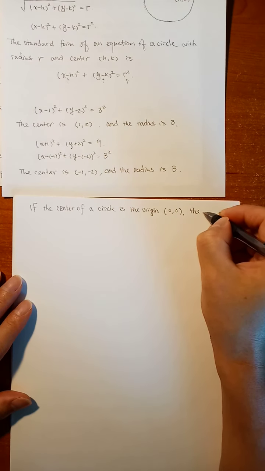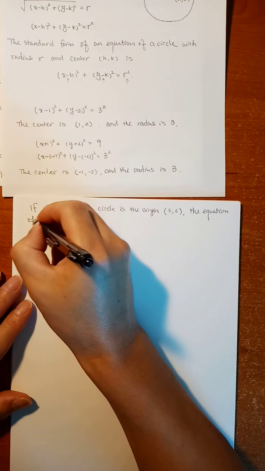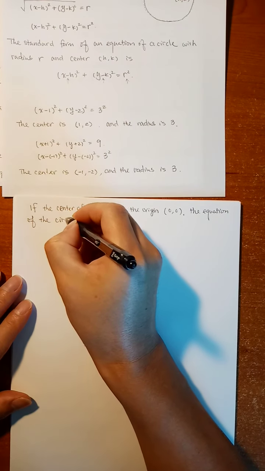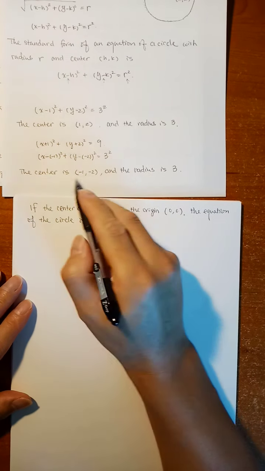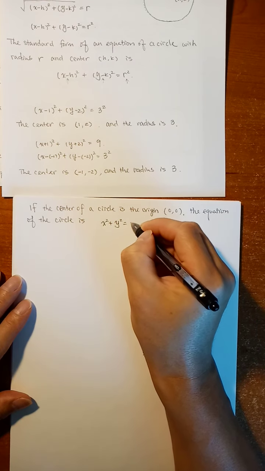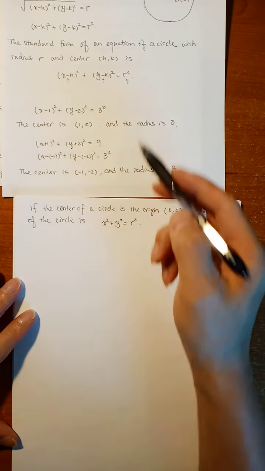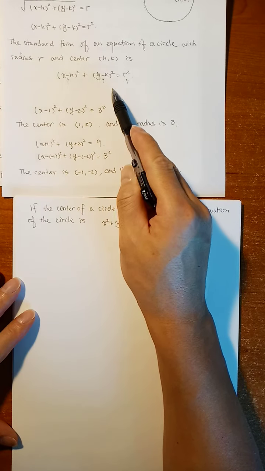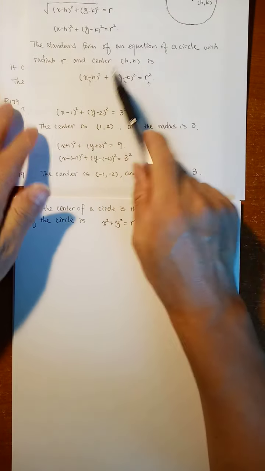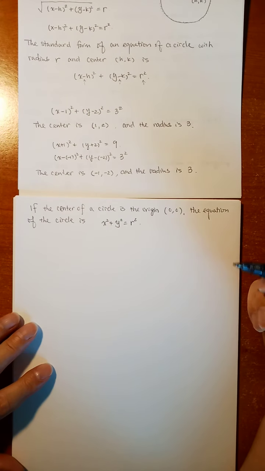Then the equation of the circle is x minus 0 squared, which is x squared, plus y minus 0 squared, which is y squared, equal to r squared. It looks simple because the center is simple. h and k, you don't see them, they become 0.